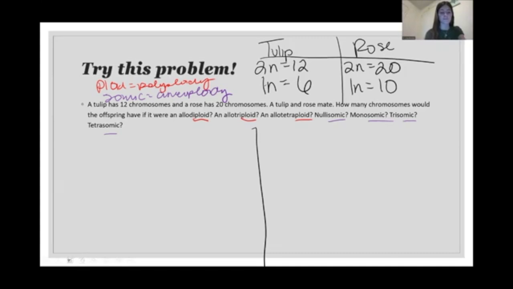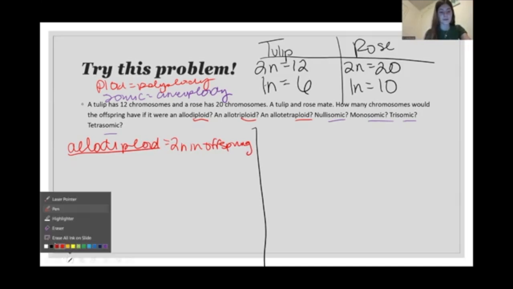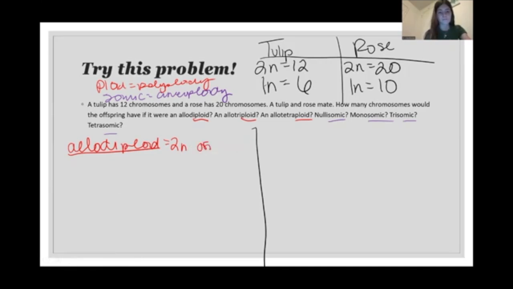So now let's start solving. The first thing I ask for is an allodiploid. So di means 2, and ploid, we're talking about polyploidy. So this means that I want to have 2n in my offspring. I'm going to change that to just say 2n offspring because it's kind of running together. So how do I get 2n?